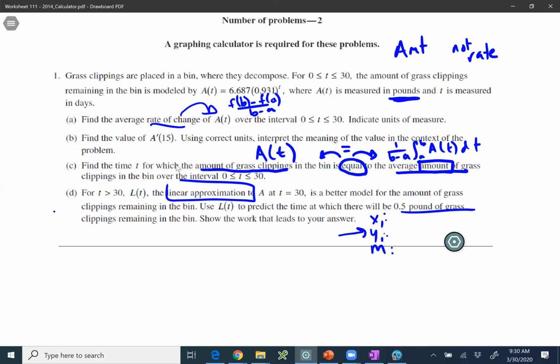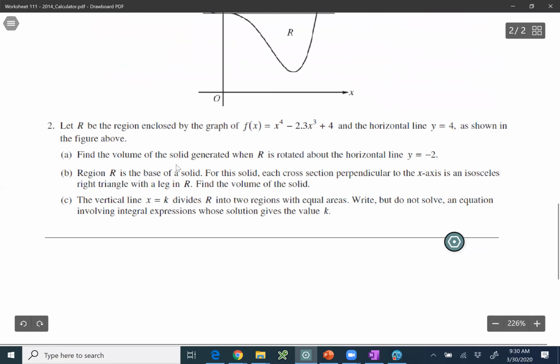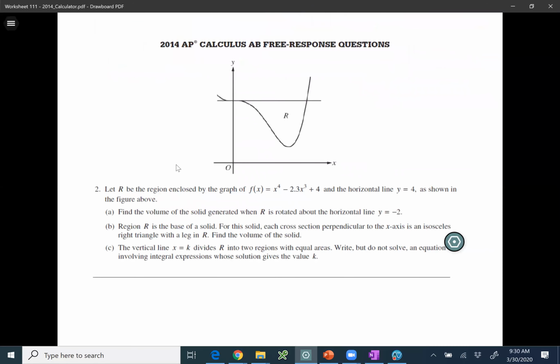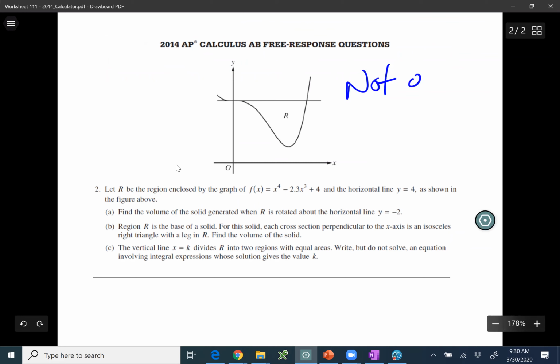I will post the answers for the bonus, but it's not so much about whether you can do it on your own. It's just an extra question that you can try. This second part of the bonus technically is not going to be on the AP exam, so don't stress on it too much. But I still do want you guys to do it. I'm being a little bit mean.